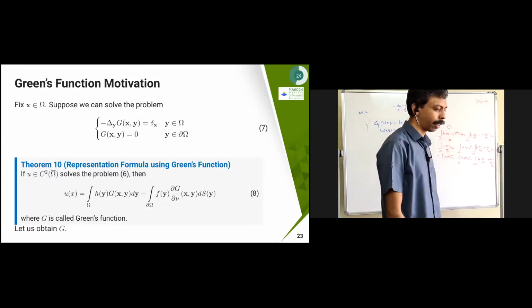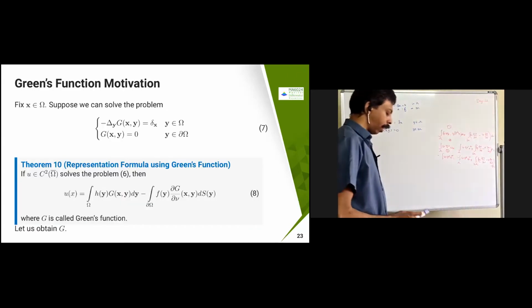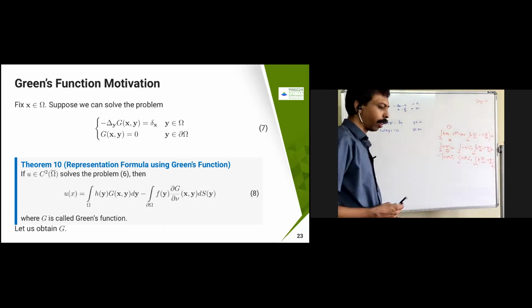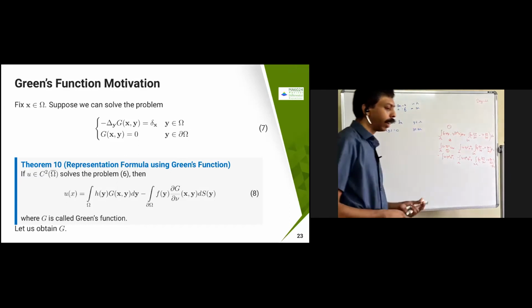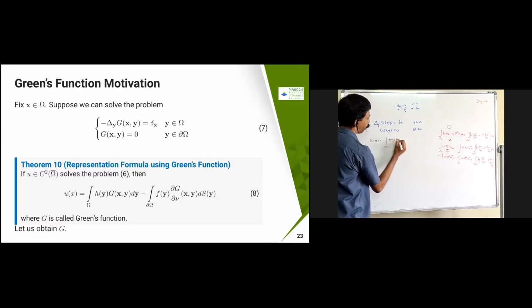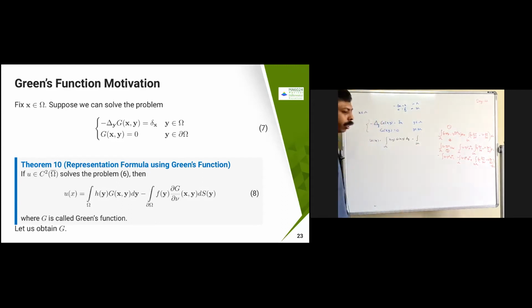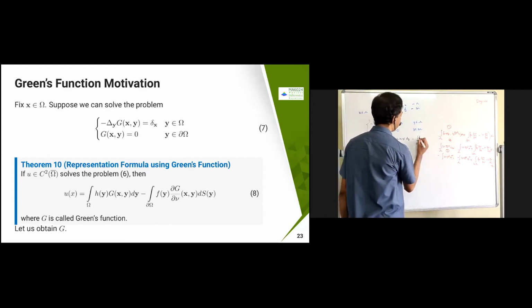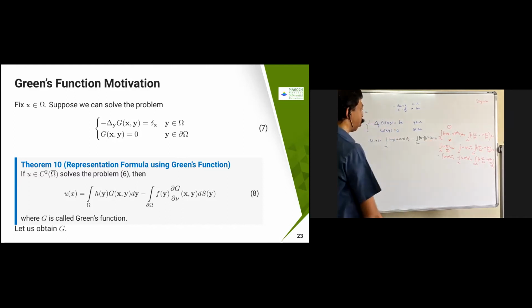Then what this theorem is saying is the representation formula for Green's function: u of x is going to be integral over omega of h of y into g of x, y dy, minus integral over dou omega of f of y into dou g by dou nu of x comma y dS of y. So this is the theorem.